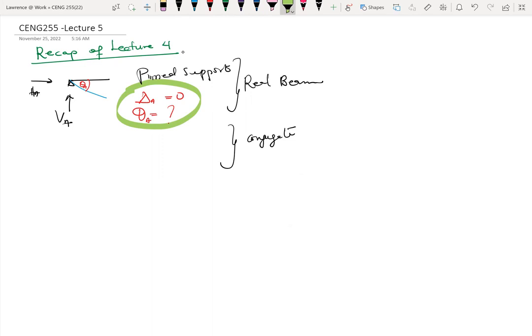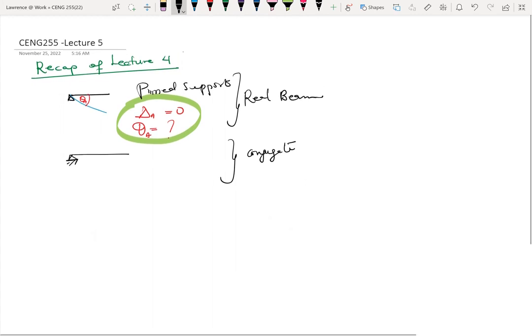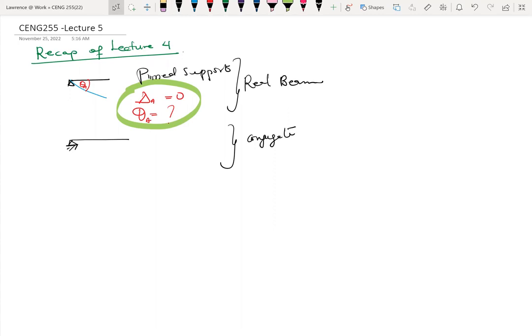Okay, so if I'm to draw another beam, because we know from our previous lecture that the deflection in the real beam, we can relate it to the bending moment in the conjugate beam. So let me say RB for real beam and then CB for conjugate beam.